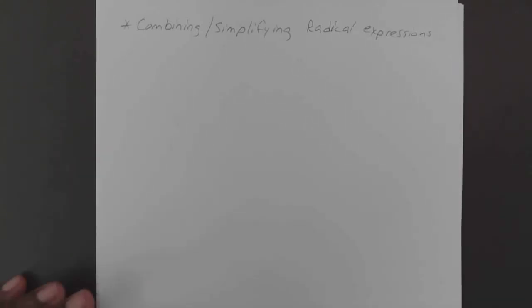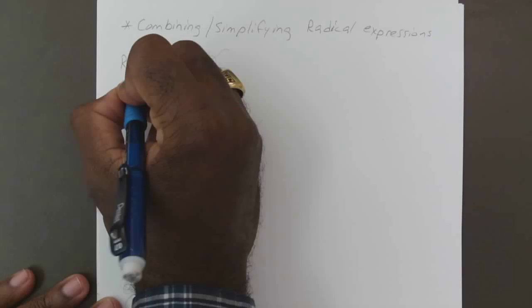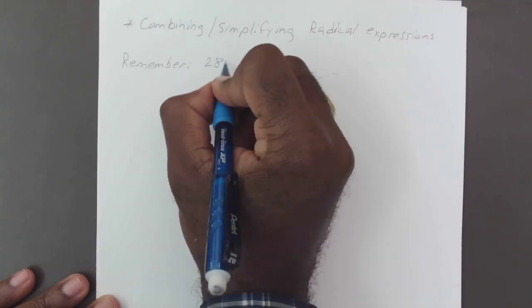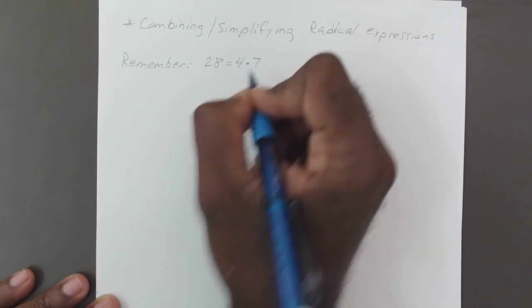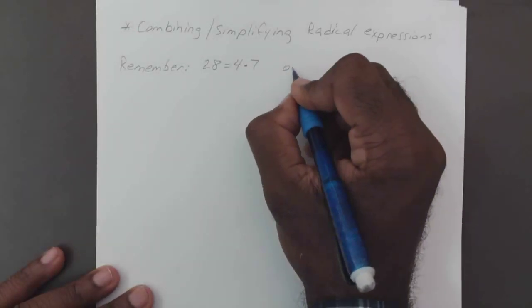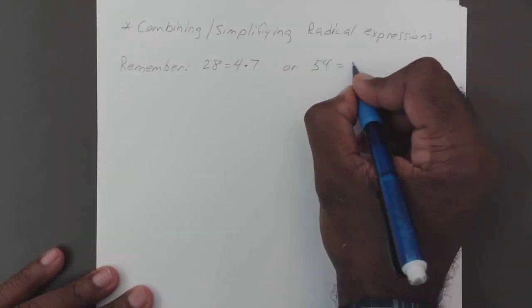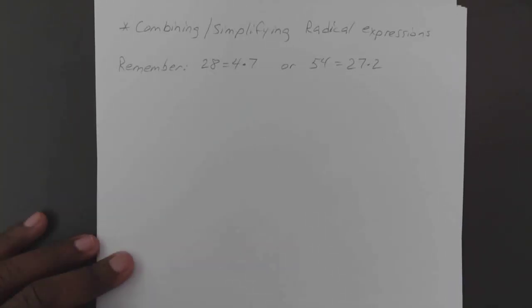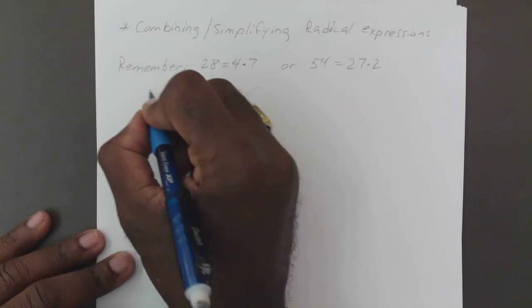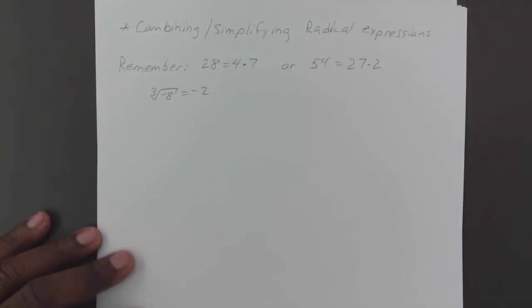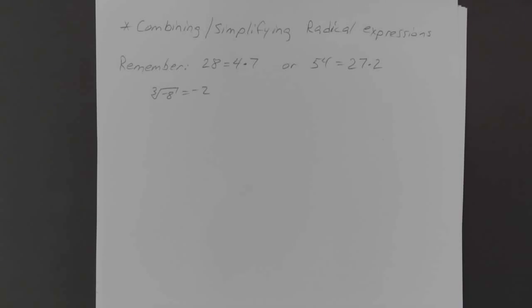Okay, so let's say we know that 28 is 4 times 7, or 54 is 27 times 2. Let's say we even remember that the cube root of -8 is -2. Just those little details.